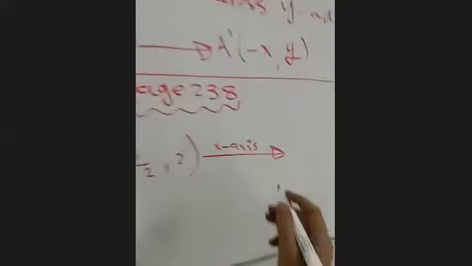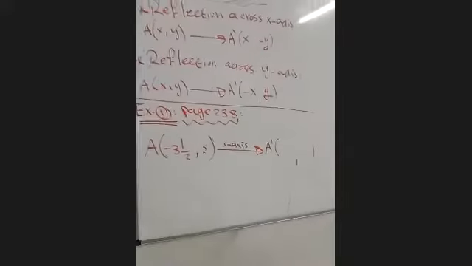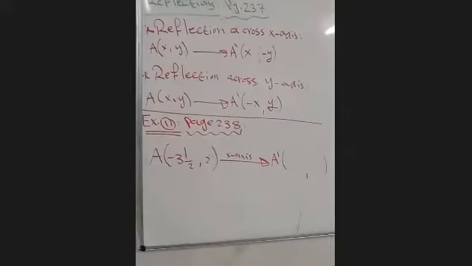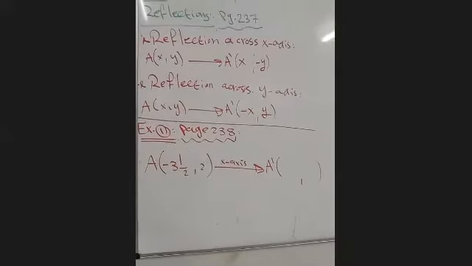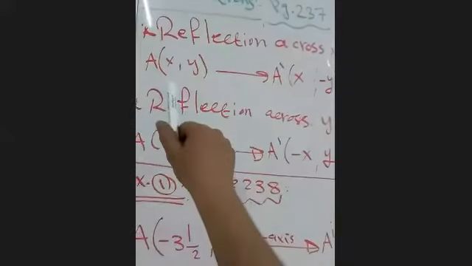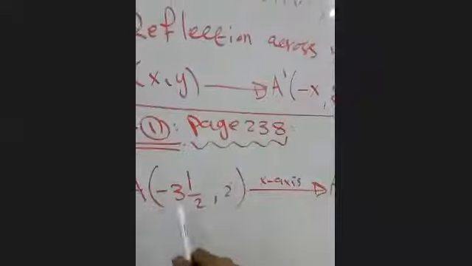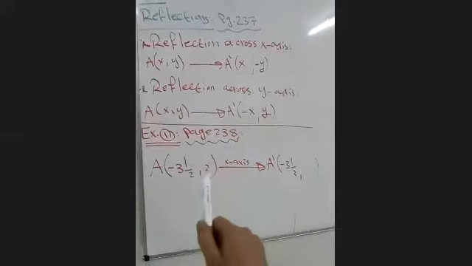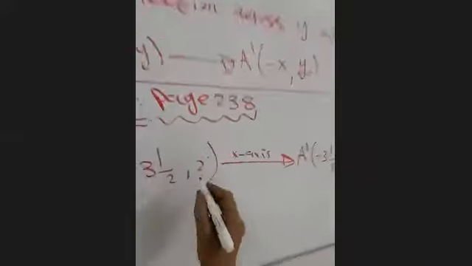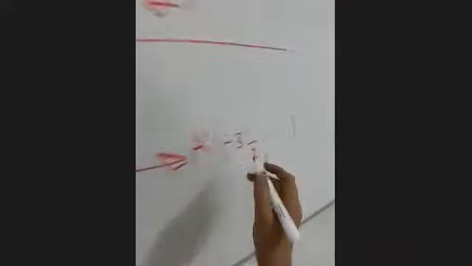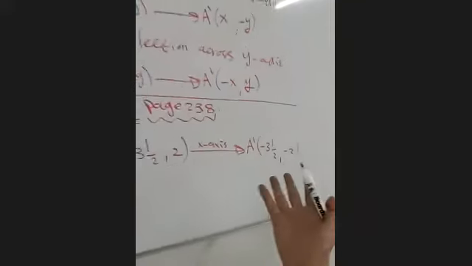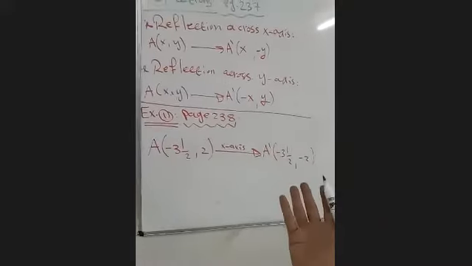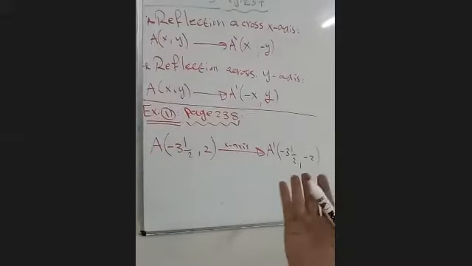So can you tell me what's the reflection here, Ammar? The -3 and 1/2 same. This is the same because the formula said that, right? So this stays the same, -3 and 1/2. And the y becomes negative. So the 2 becomes what here? -2. So this is the reflection, A prime. Now, this is the solution, we are done.